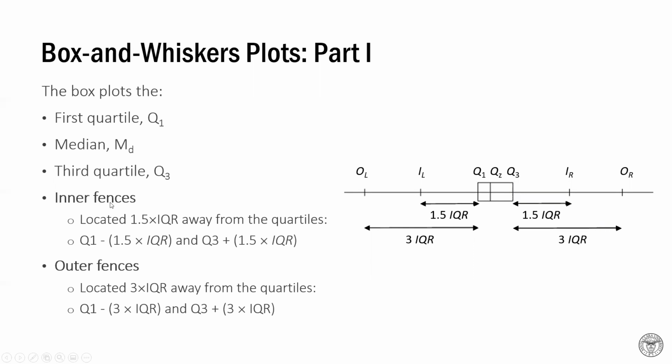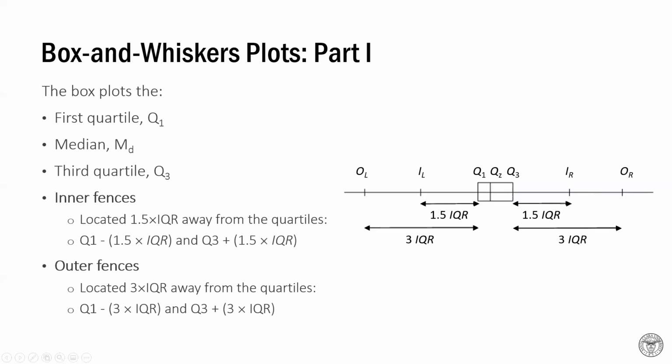The first set of fences are called inner fences, which are located 1.5 IQR away from the quartiles. More specifically, the lower inner fence is given by Q1 minus 1.5 times IQR, and the upper inner fence is given by Q3 plus 1.5 times IQR. So this is the lower inner fence, and this is the upper inner fence.